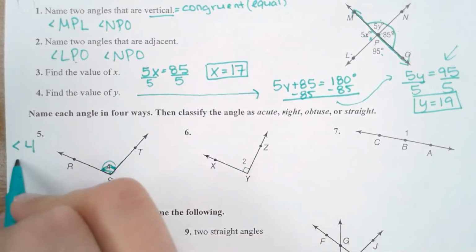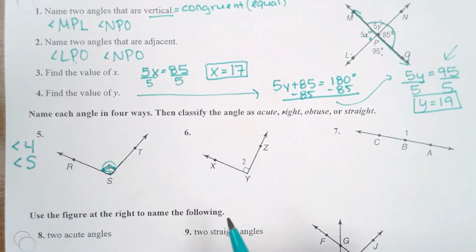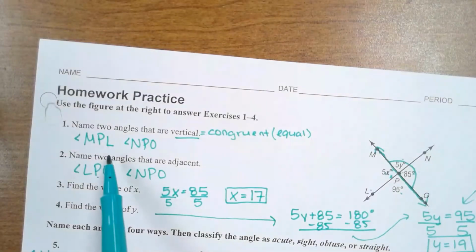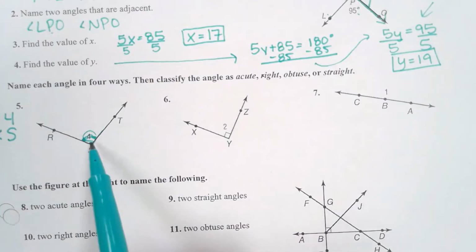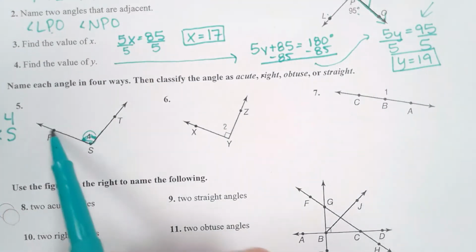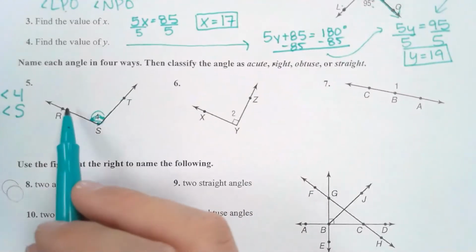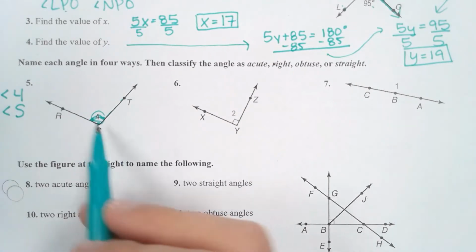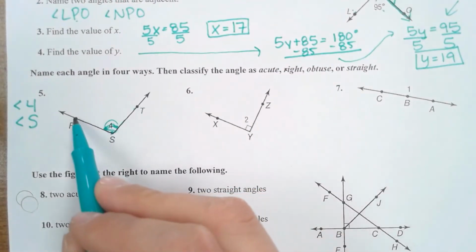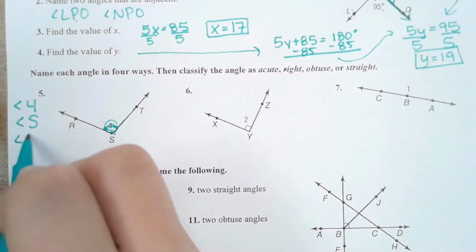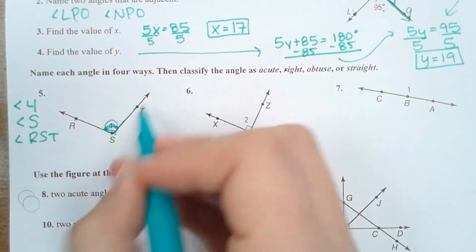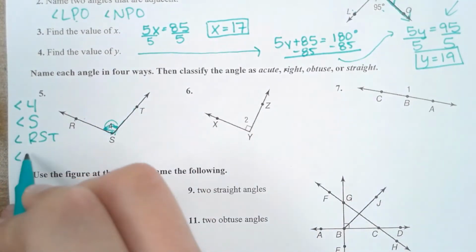So I can name this angle angle S. Or we can name the angle with the three points that form it. If I'm naming this, your vertex always has to be the middle letter. I can name it RST, or going the other way, TSR.